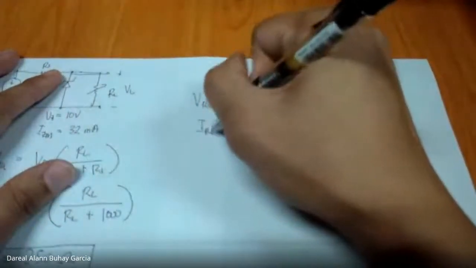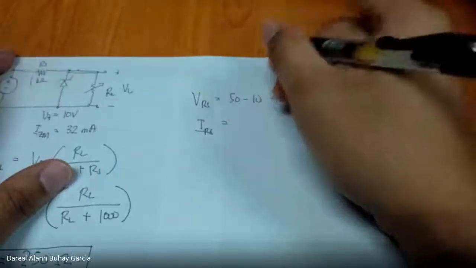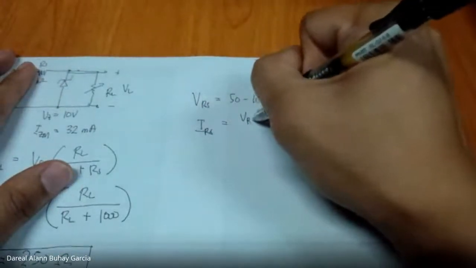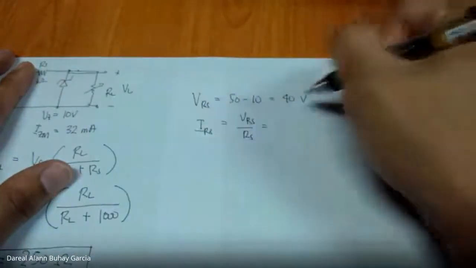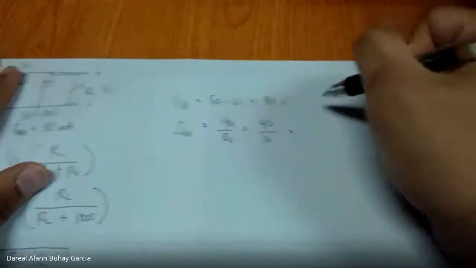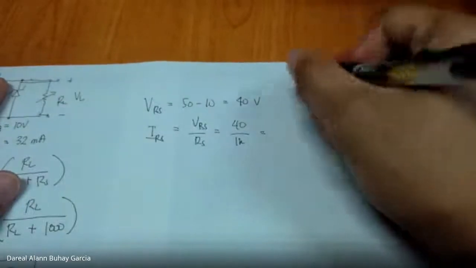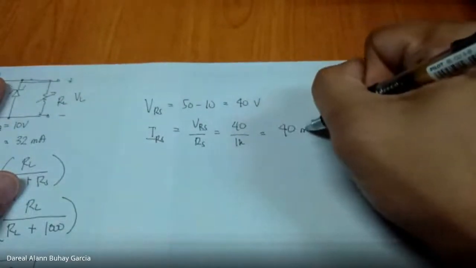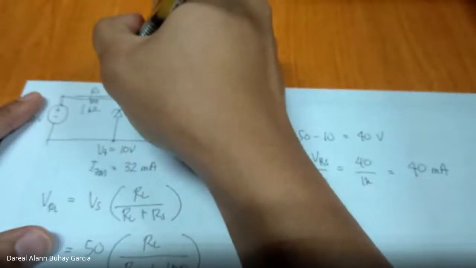Solving for IRS equal to V over R: 40 divided by 1K. Okay? 40 milliamperes is the current flowing through our source resistor.